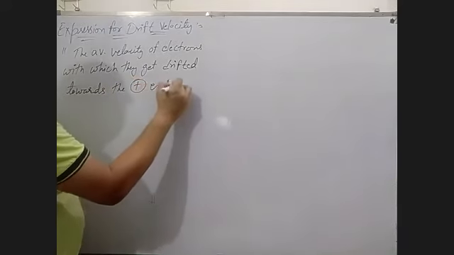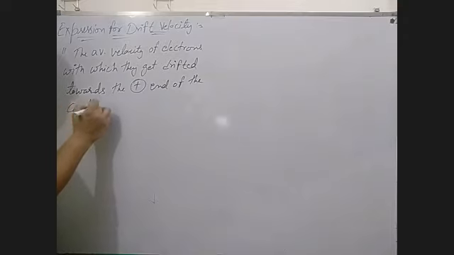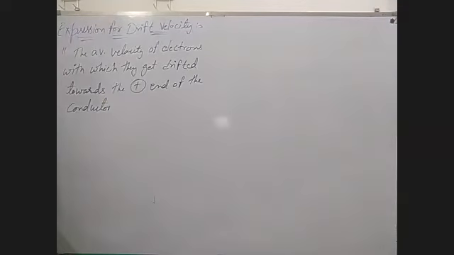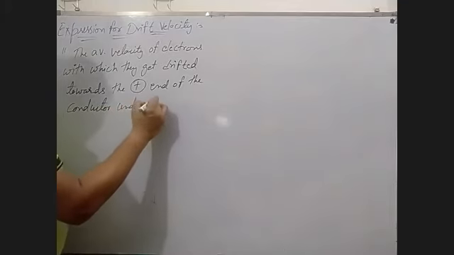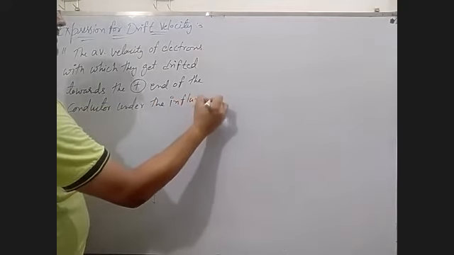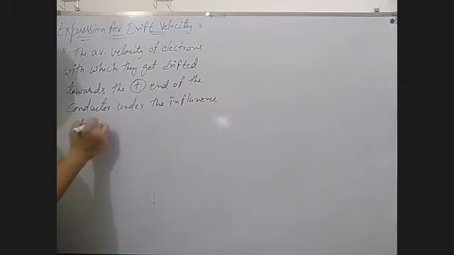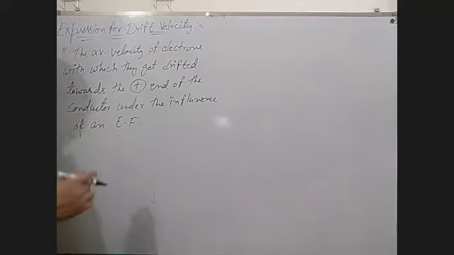This is the velocity by which electrons are moving towards the positive end of the conductor under the influence of an electric field, meaning a battery will be applied in this case.